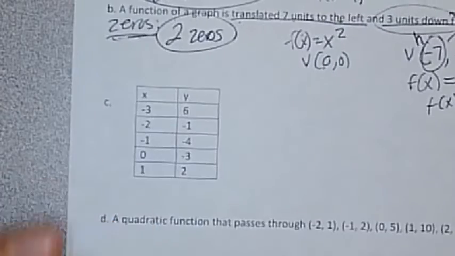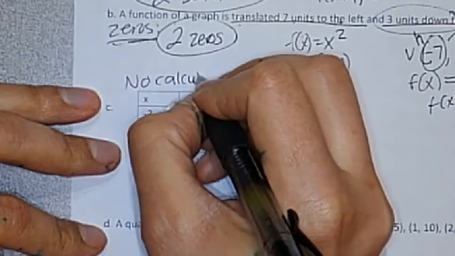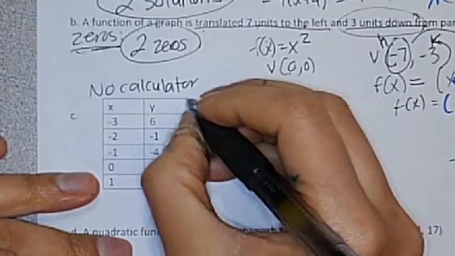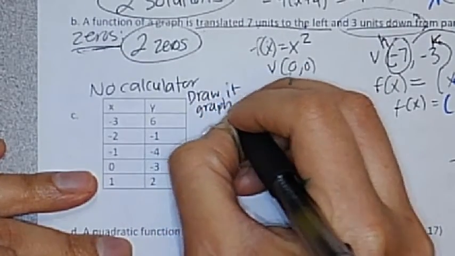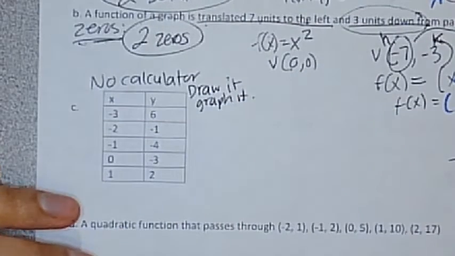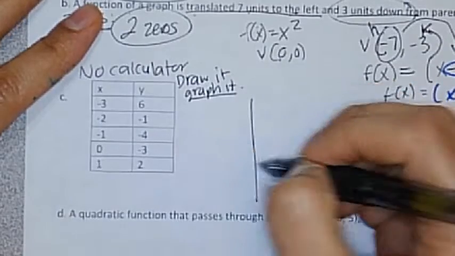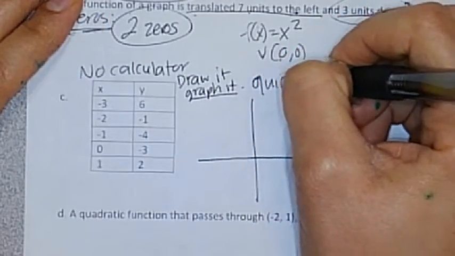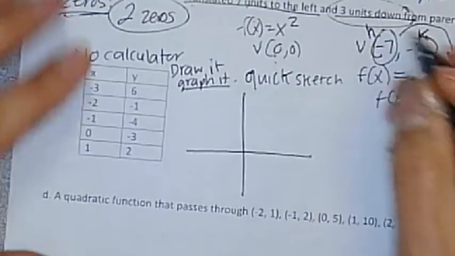For letter C, they don't give us anything, and remember, no calculator. So our best bet is to draw it, graph it. So we're going to go ahead and graph it. I'm going to make a quick sketch over here.